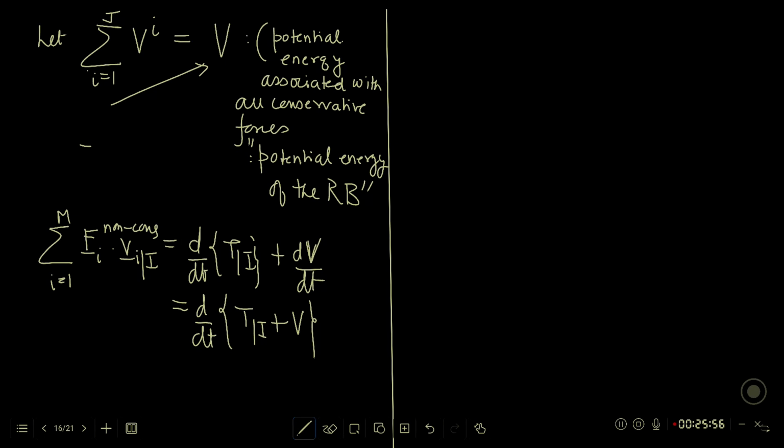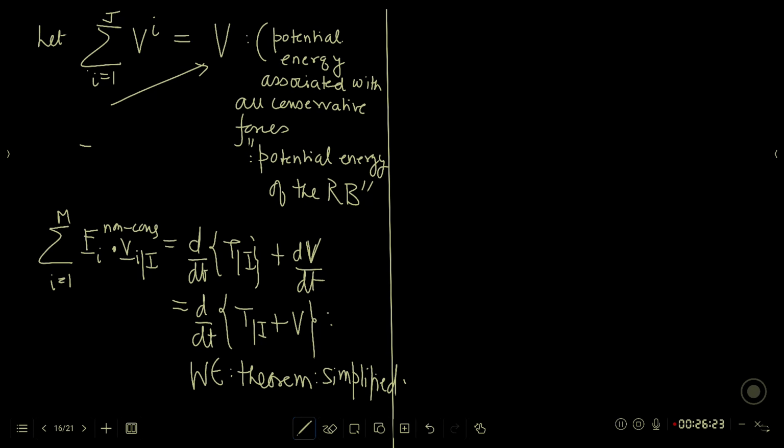So this is the work energy theorem simplified. Why do I call it simplified? Because now, at least for the conservative forces, I don't have to take this dot product with velocity to get its contribution to the work energy equation.